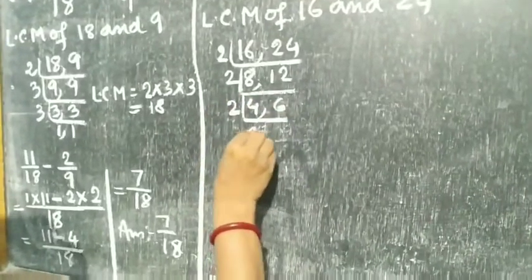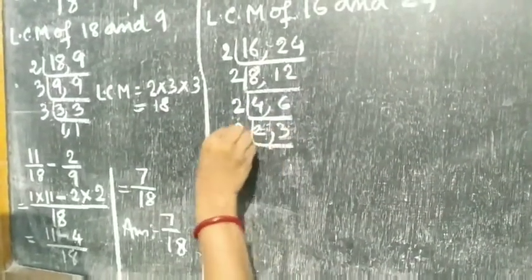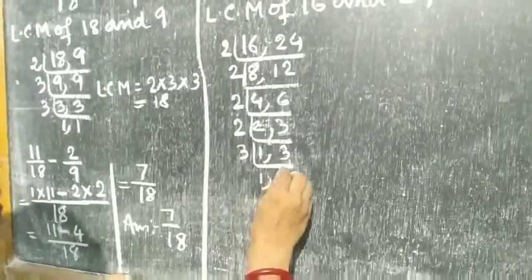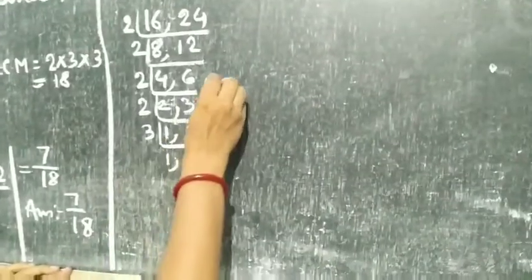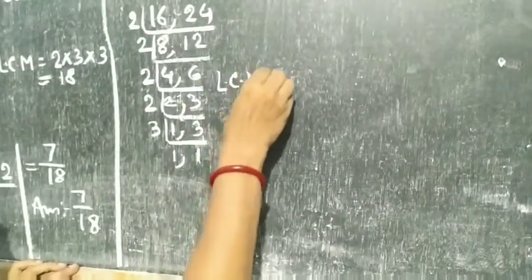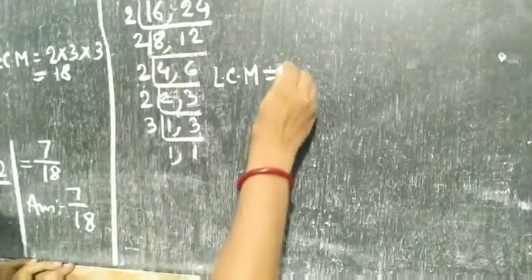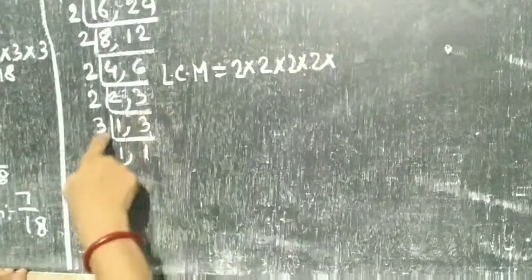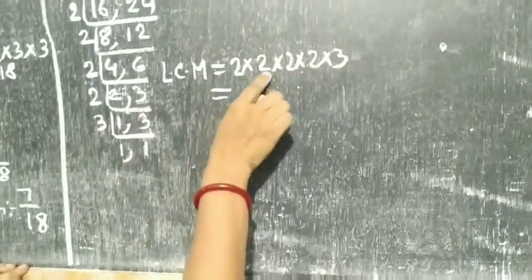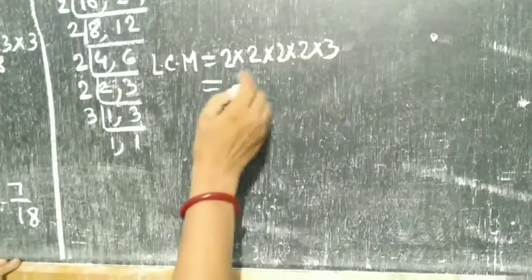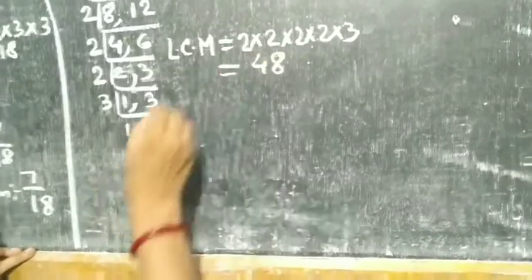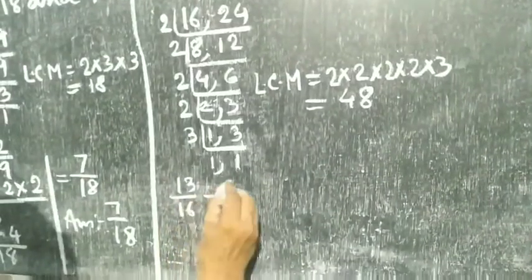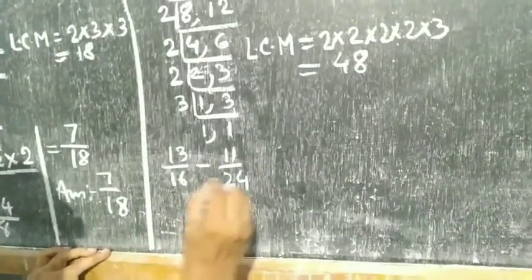Again by 2: 2, 3. Again by 2: 1, 3. Again divide by 3: 1, 1. So LCM equals 2 into 2 into 2 into 2 into 3. So 2 fours are 8, 8 twos are 16, 16 threes are 48.